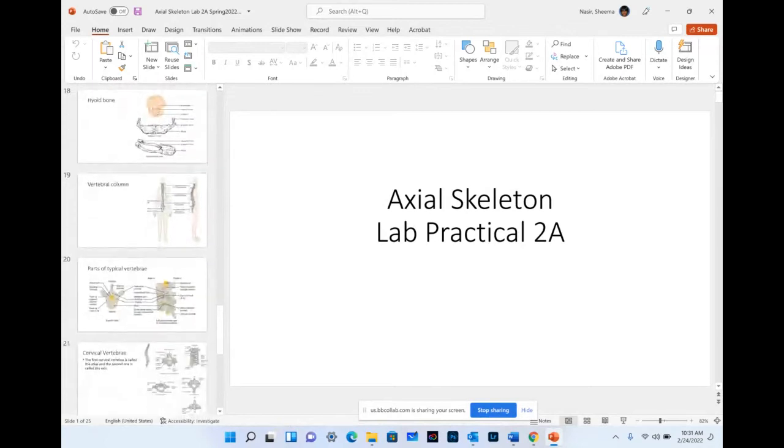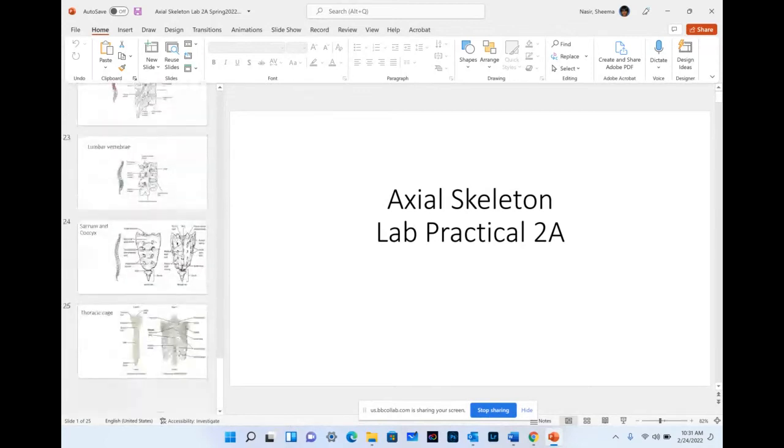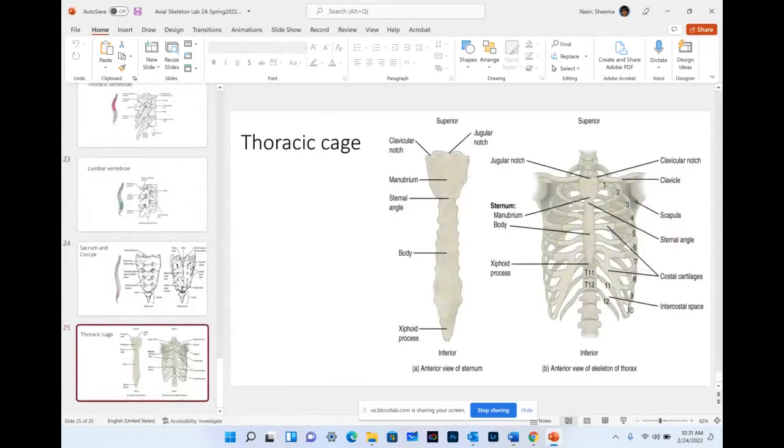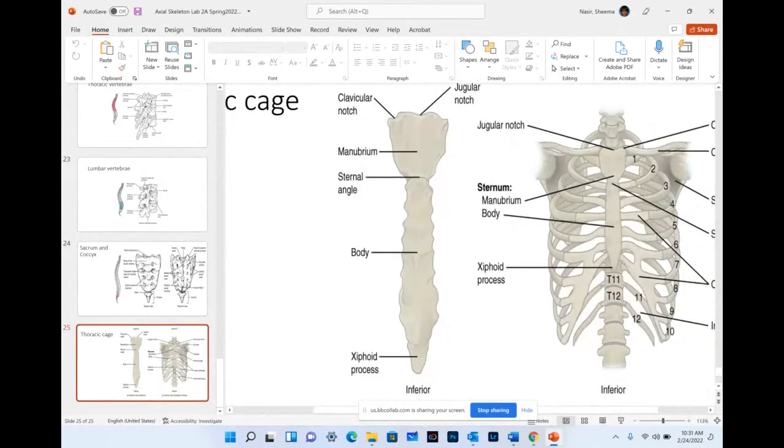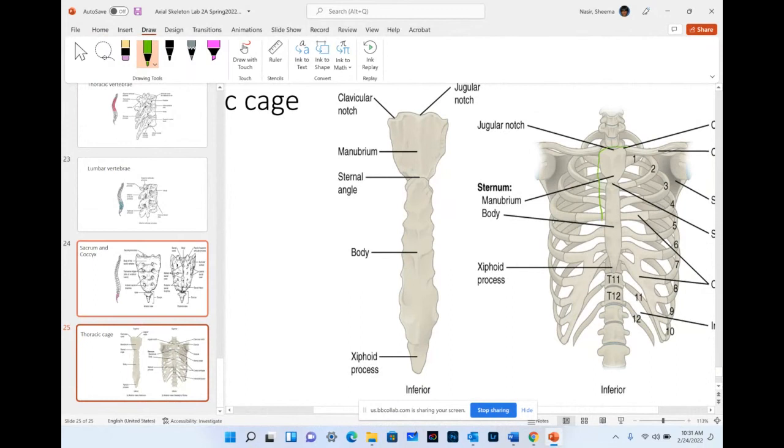So let's go to the sternum. This is a good photograph of sternum. Sternum is present in the center of the thoracic cavity. In fact, it makes the thoracic cavity.